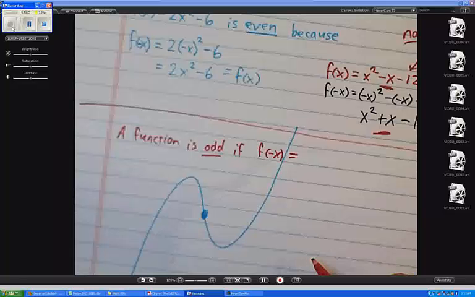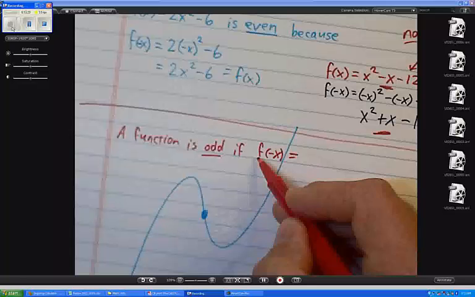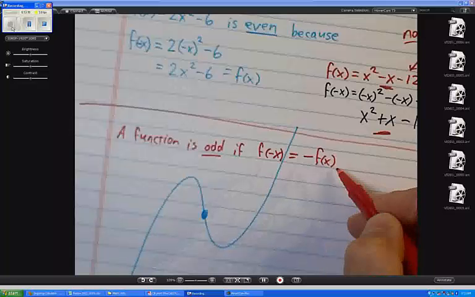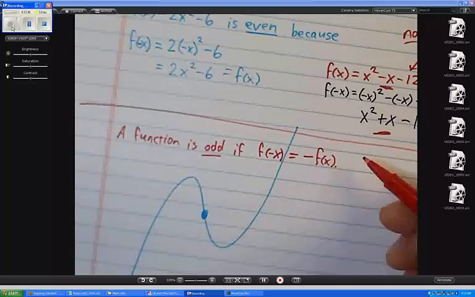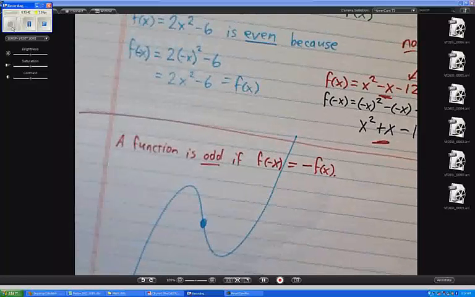And so what you want to say is, if f of negative x ends up equaling negative f of x, then we call that odd. That turns out to be the same as flipping it 180 degrees around the origin. Okay? So I'll do an example again.